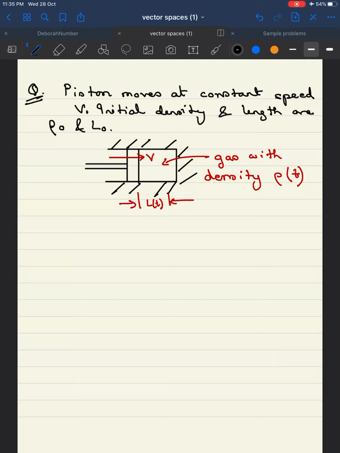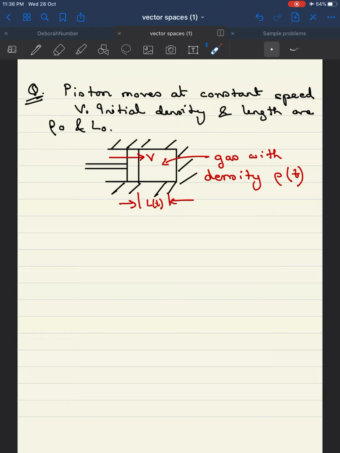Okay, and assume that the gas velocity varies linearly from this face where it is going to be v, to here where it is going to be 0, right? Because at this end of the wall the gas cannot move.